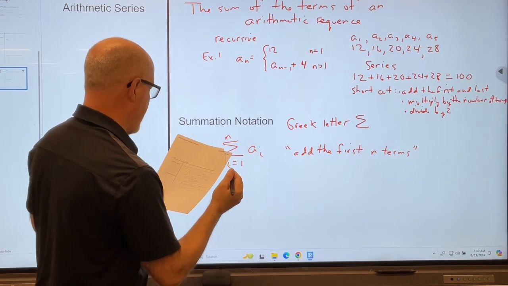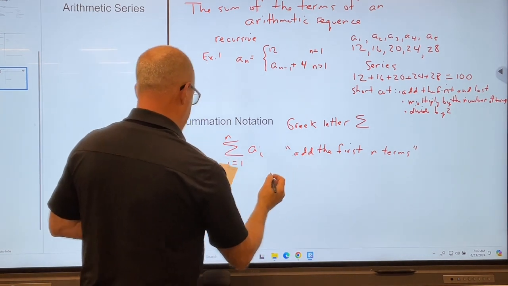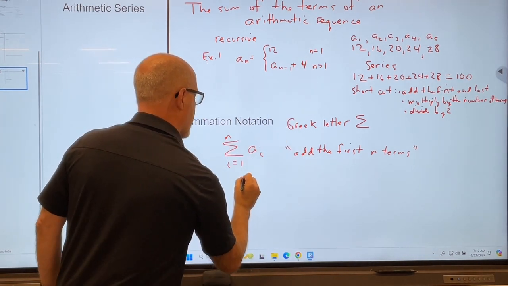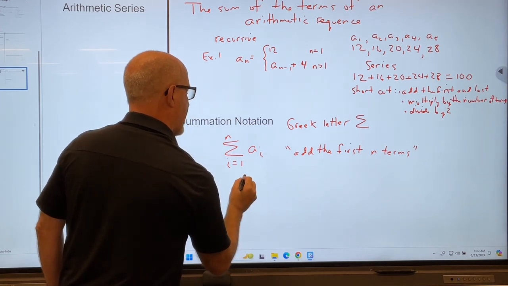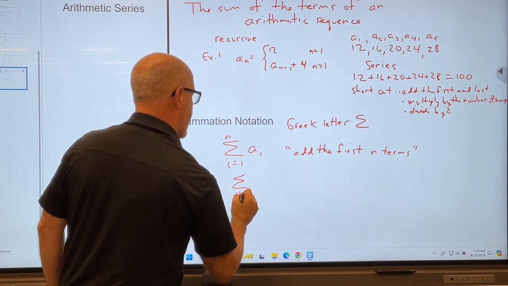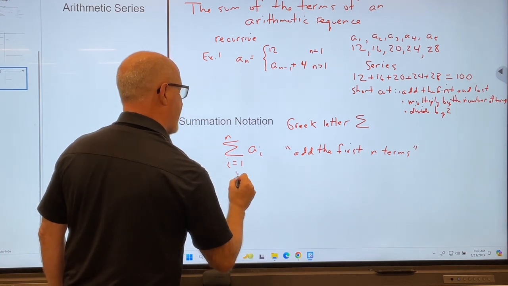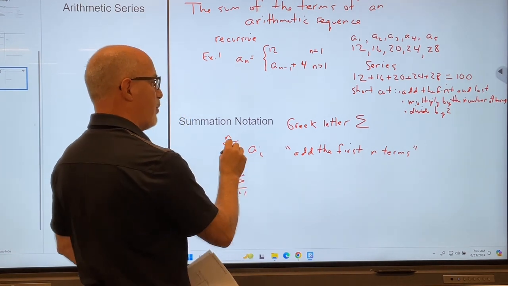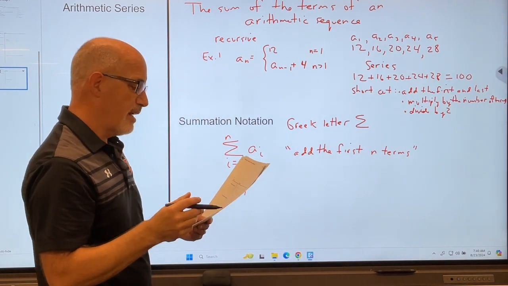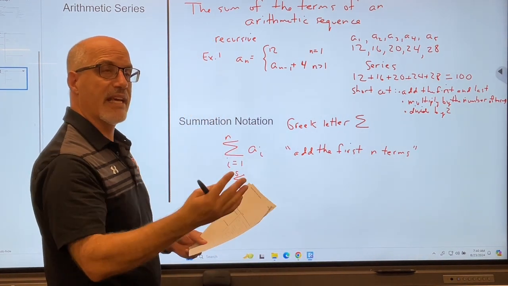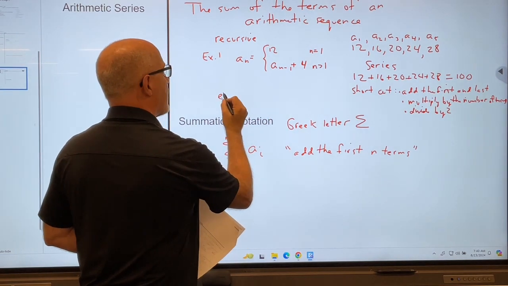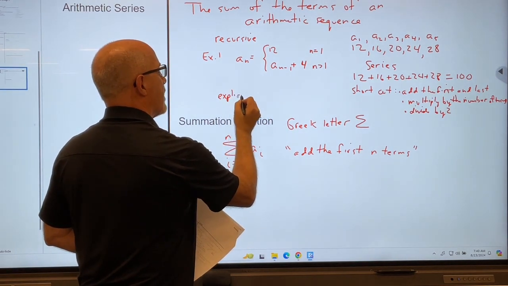So as an example here, if I wanted to do this on that sequence, I would go ahead and have i equals 1 to 5 for that. Now, to put this in here, remember we have an explicit formula for each of these. I'm going to write this explicit formula right below this one.